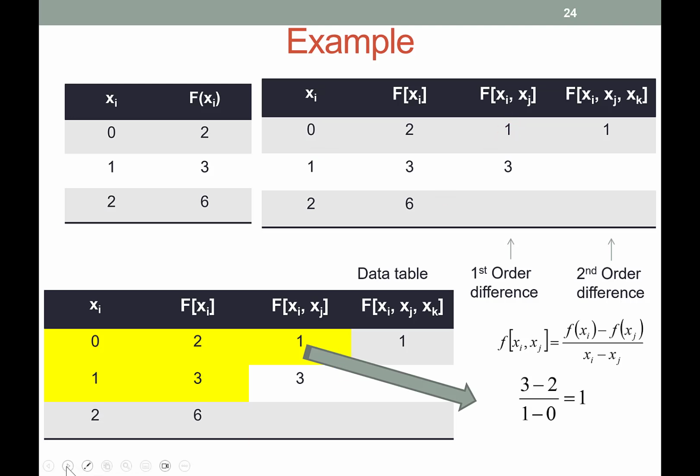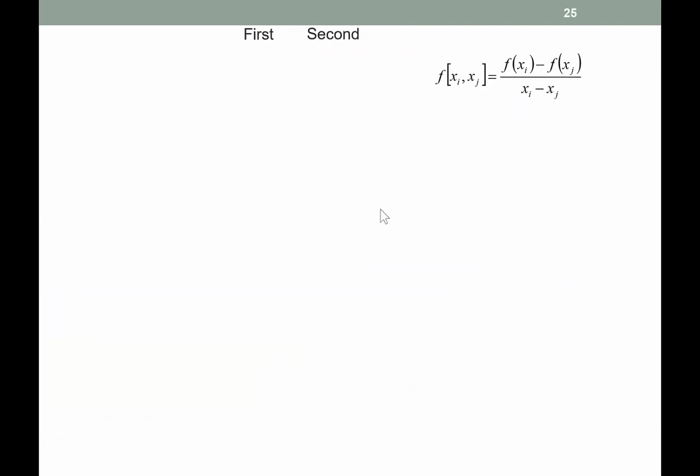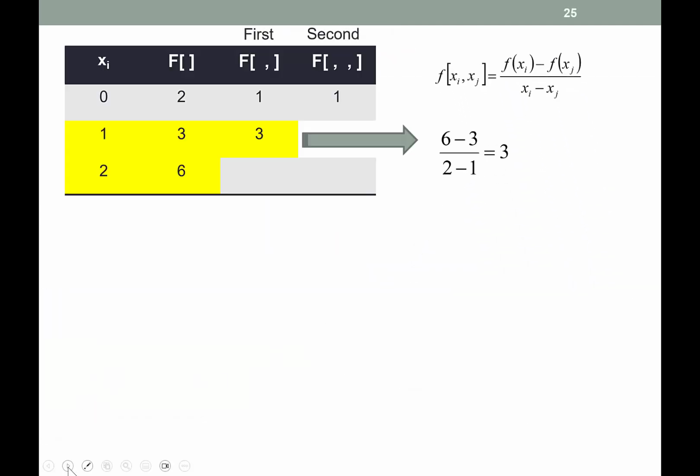Then we move on to the next part, where we're trying to find the second point. What we have is 6 minus 3 divided by 2 minus 1 to get this value of 3 in this table. For a second order polynomial, that's all you have for the first order divided difference.